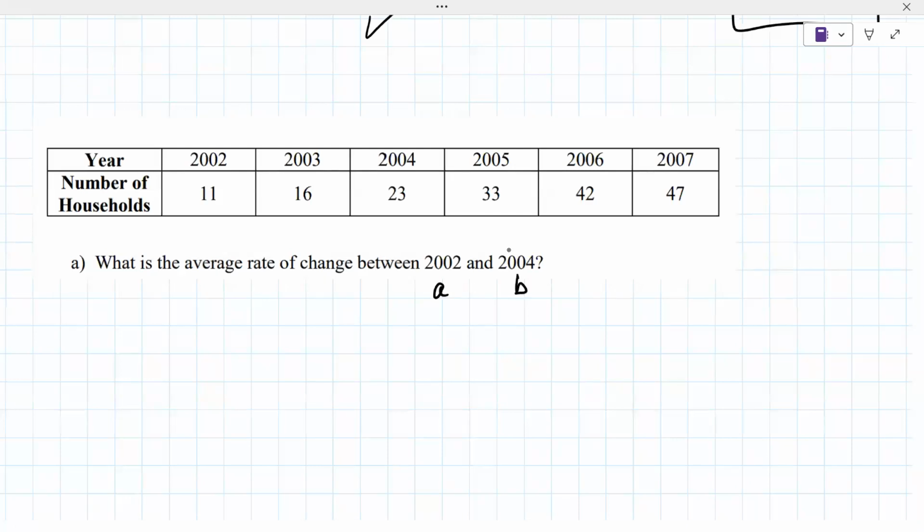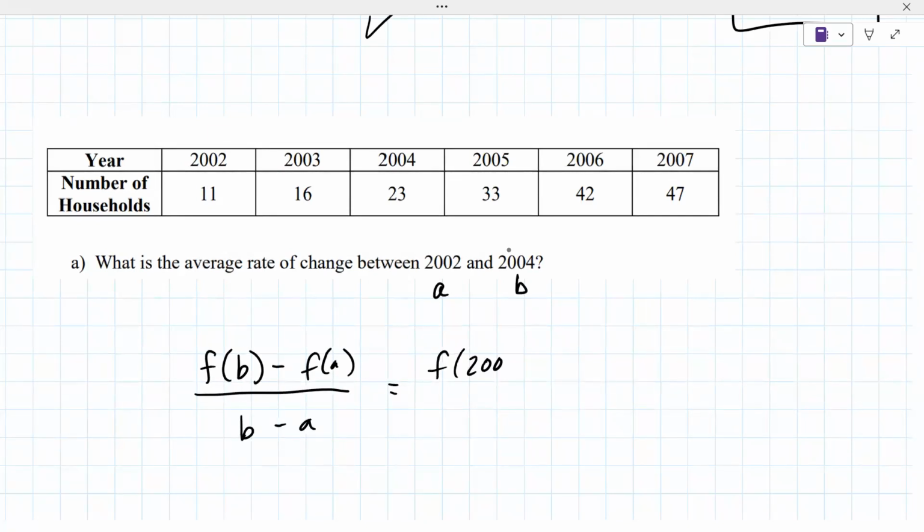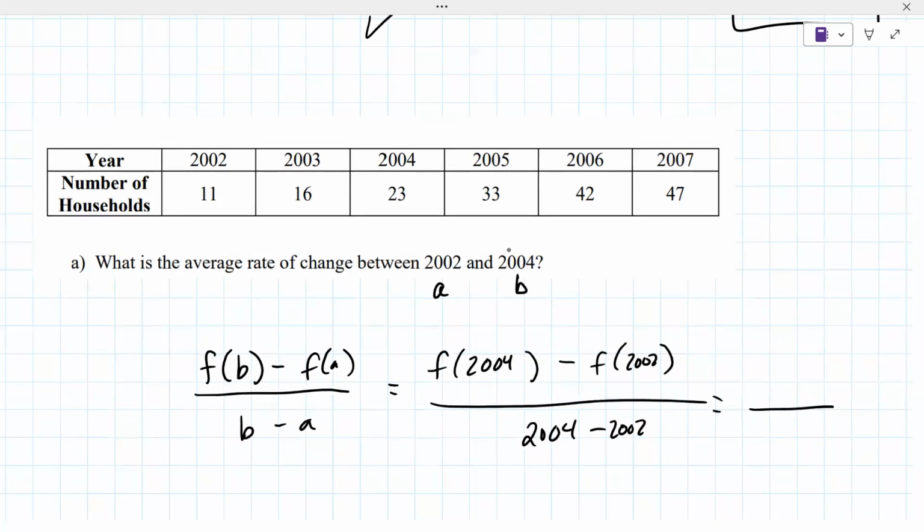This is your A. This is your B. It's f of B minus f of A over B minus A. You can put those numbers in if it helps. You can also just go right to the table. This is the x values, and this is the f of x values.